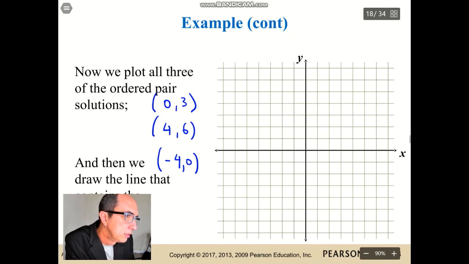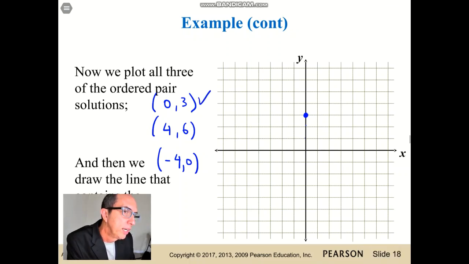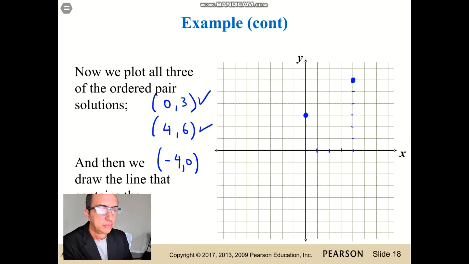We start here, and then we move 1, 2, 3 up. So this is the first order pair. Next one, 4 and 6. 1, 2, 3, 4. And then we move up. 1, 2, 3, 4, 5, 6. The second order pair.